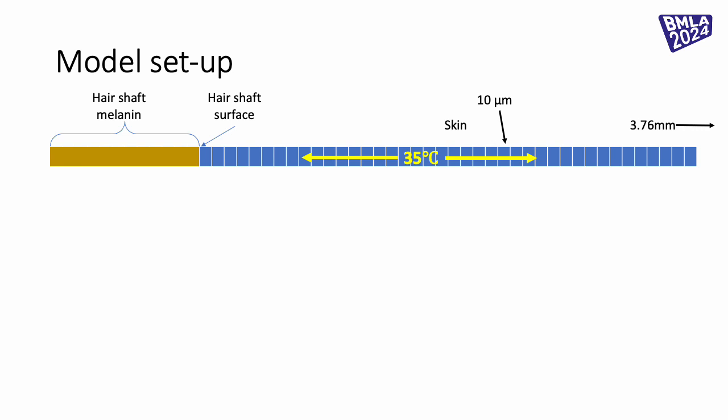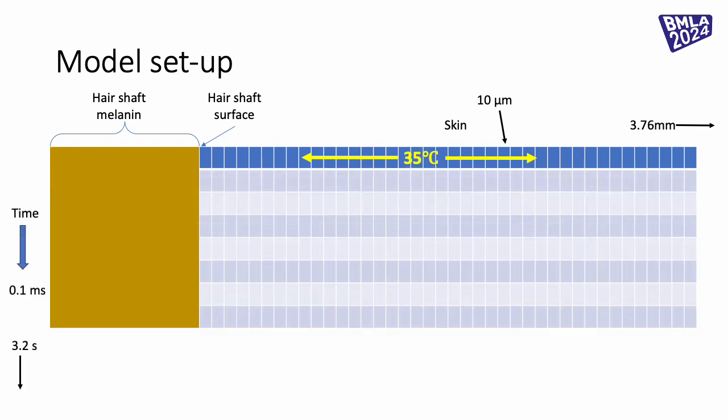The original temperatures are all set to 35 degrees Celsius at the starting point, and then we look at the temporal evolution of the temperature distribution. The time steps are 0.1 milliseconds, and this extends to 3.2 seconds in total.